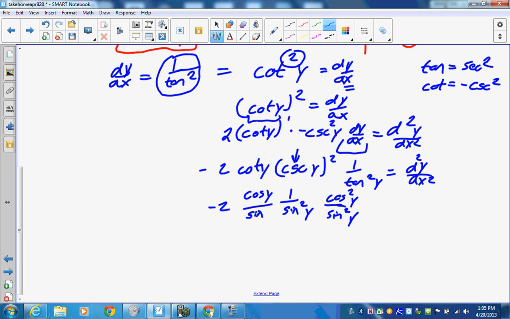So it looks like we have all sines on the bottom. Since it's all being multiplied, we have sine to the 5th power at the bottom. And on top we have cosine of y to the 3rd power. And we still have our negative 2 out in front.